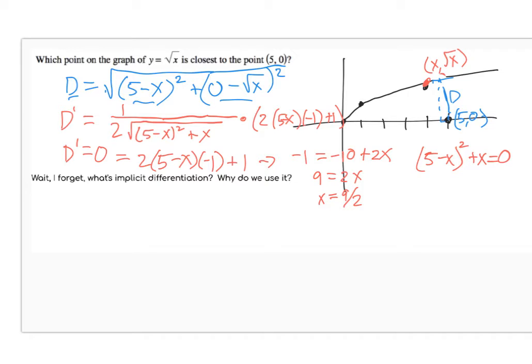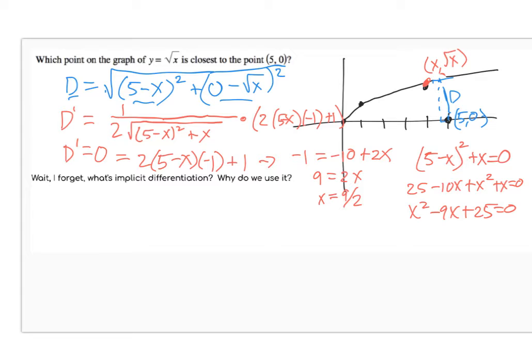I'm going to distribute that out: 25 minus 10x plus x squared plus x is equal to 0. So x squared minus 9x plus 25 is equal to 0. That is totally not factorable.